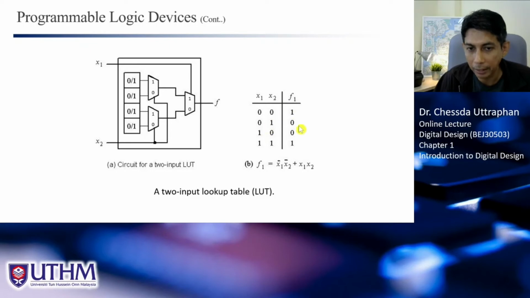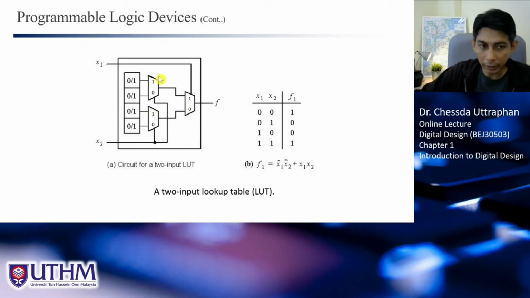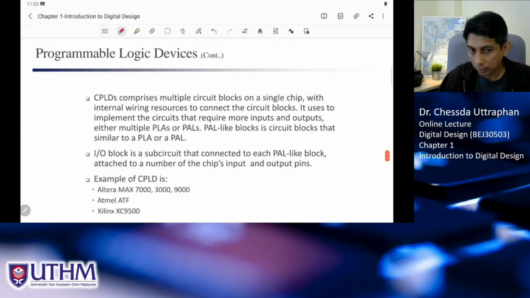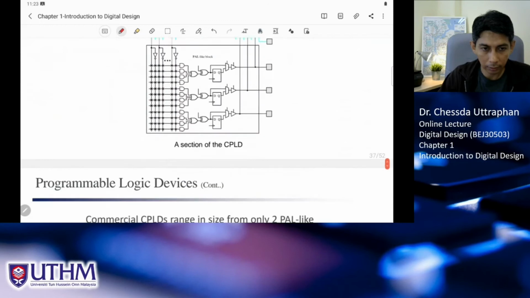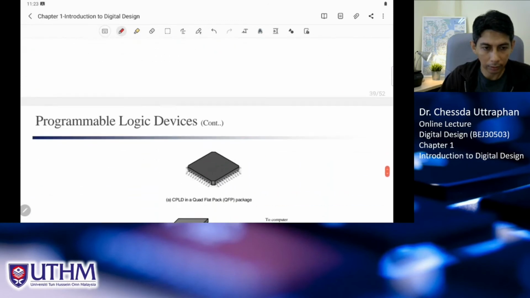If not the same, the output is 0. So that is the behavior of XNOR. XOR is the complement of this, 0 1 1 0. This is XNOR. So how do we implement XNOR in a lookup table or FPGA? All right, so what we do is this.